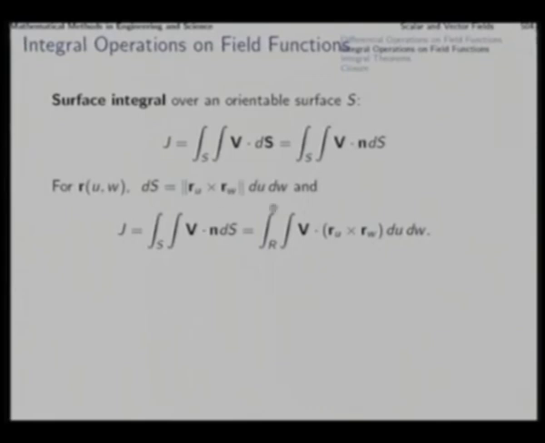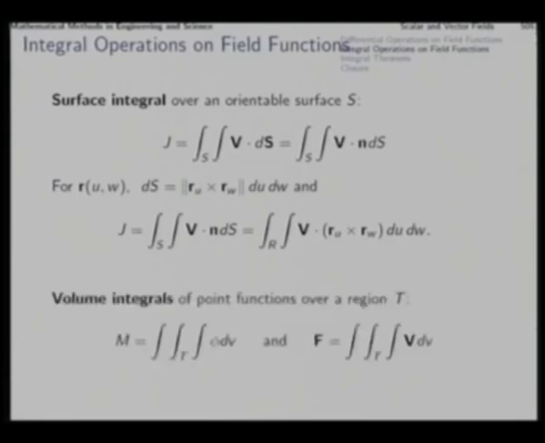And therefore, when we insert the relationship in this expression, V dot n ds, in place of n we get this cross product divided by its magnitude, and for ds, the magnitude of that small differential area element, we get this magnitude into du dw. So, that magnitude gets cancelled, and finally, we get this as the integrand, and we can integrate over the region R in the uw plane, the parametric plane.